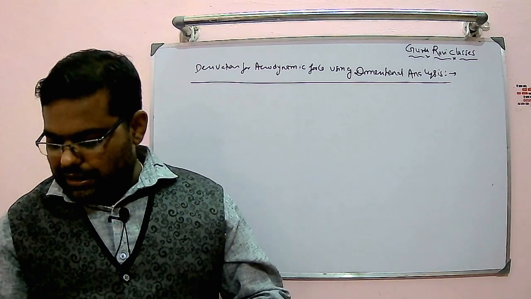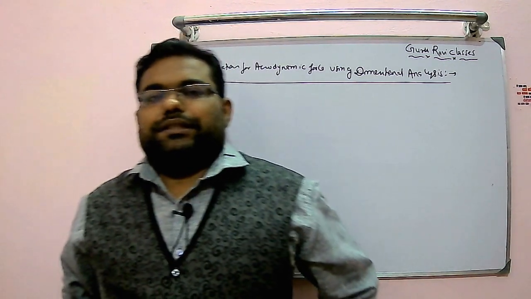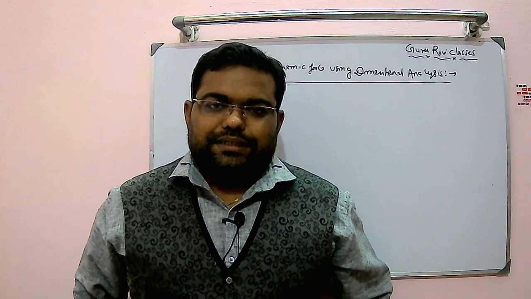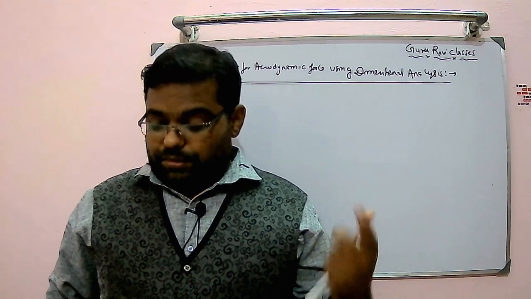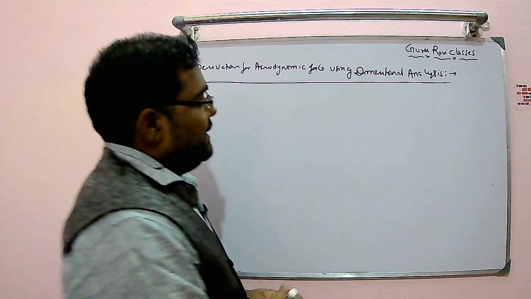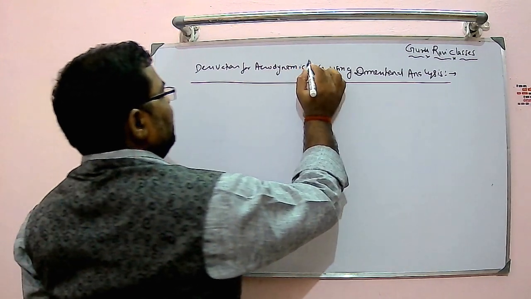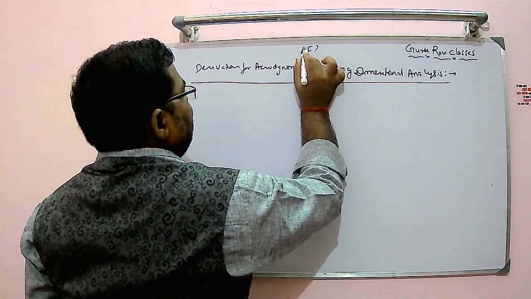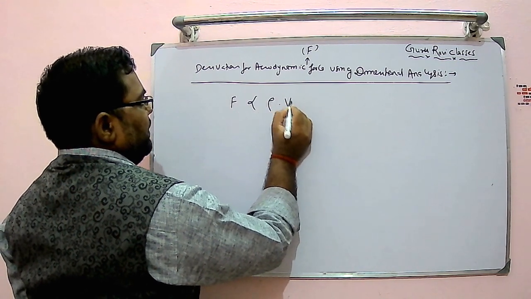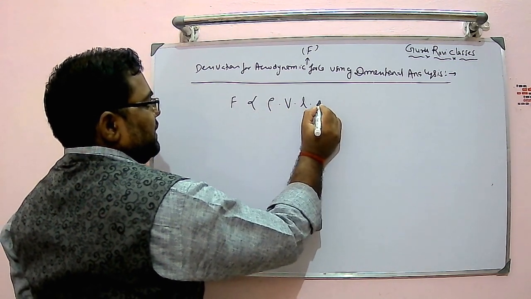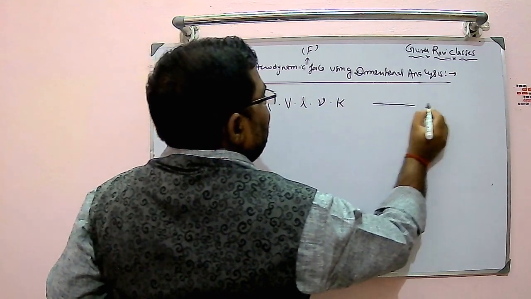So there are a total of five parameters: density of fluid, velocity of fluid, length of the object, kinematic viscosity of the fluid, and bulk modulus of the fluid. If I represent the aerodynamic force by F, I can say F is directly proportional to density, velocity, length, kinematic viscosity, and bulk modulus. So these are the five factors.